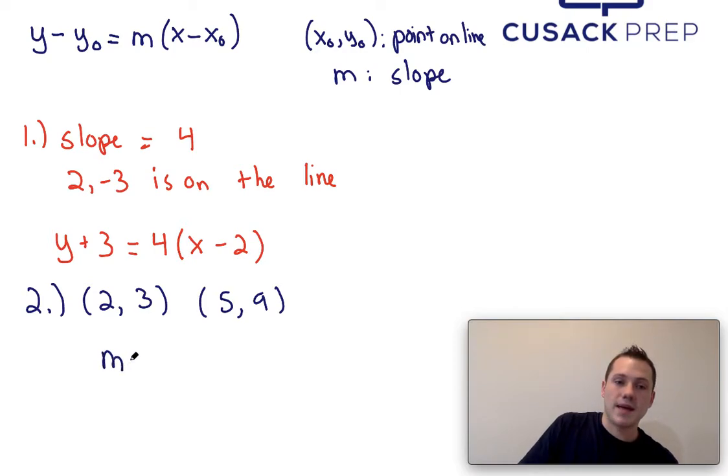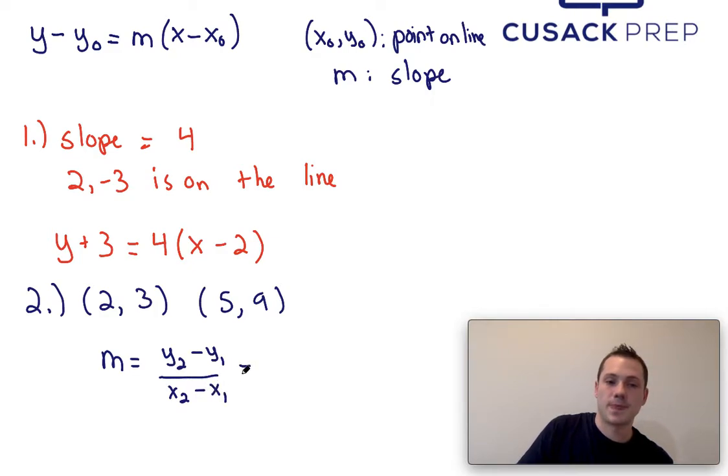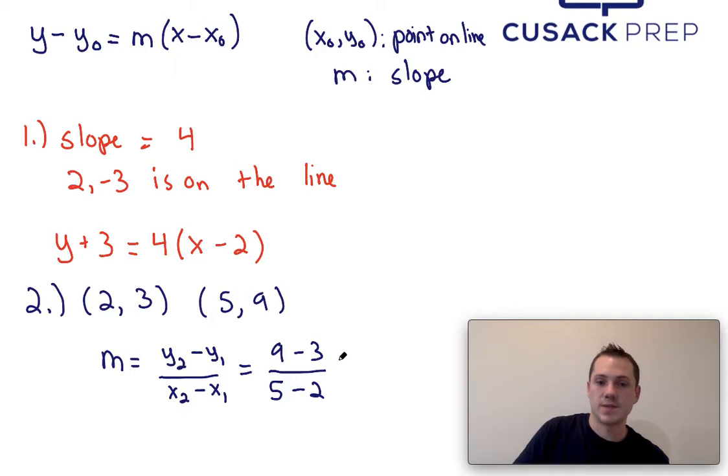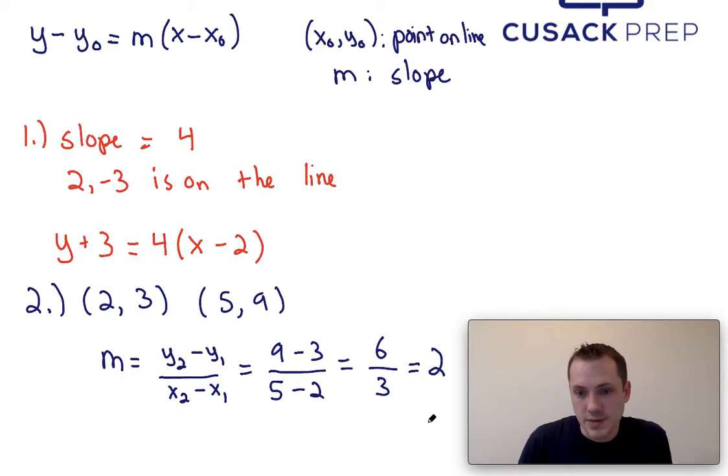Our slope m is given by y sub 2 minus y sub 1 over x sub 2 minus x sub 1. Well, y sub 2 is 9, y sub 1 is 3, x sub 2 is 5, x sub 1 is 2. So 9 minus 3 gives me 6, and 5 minus 2 gives me 3. So 6 over 3 is equal to 2.